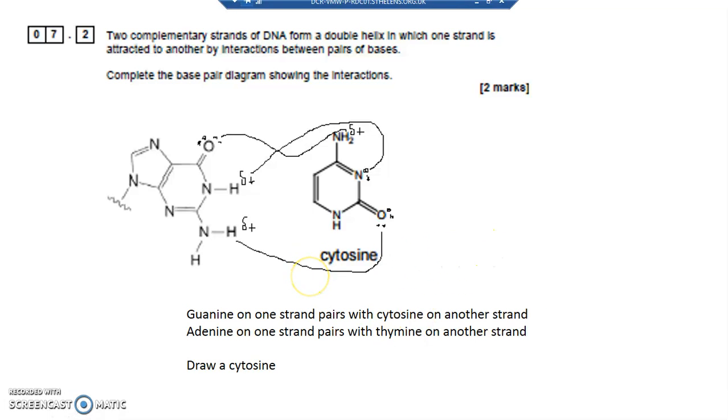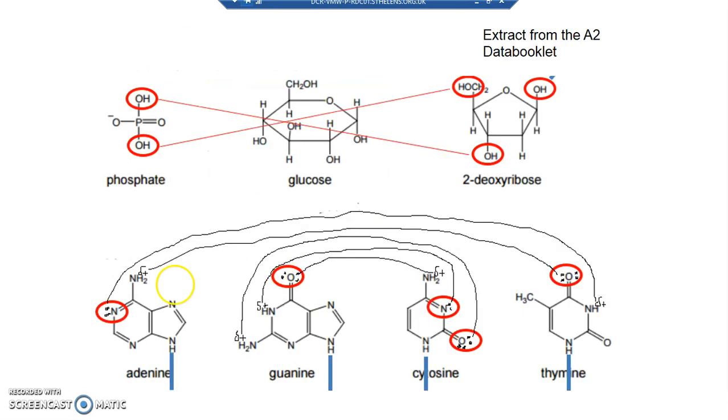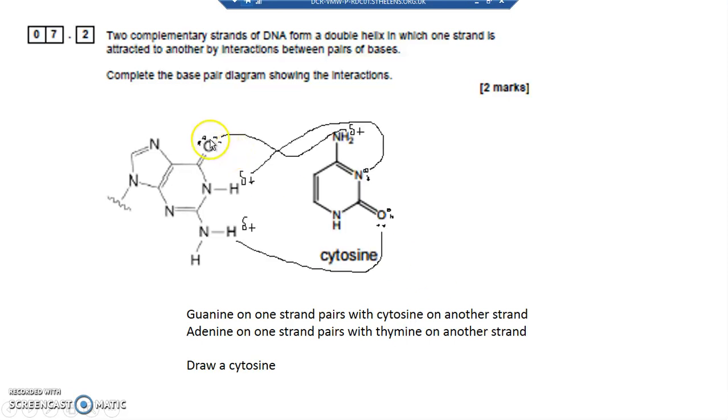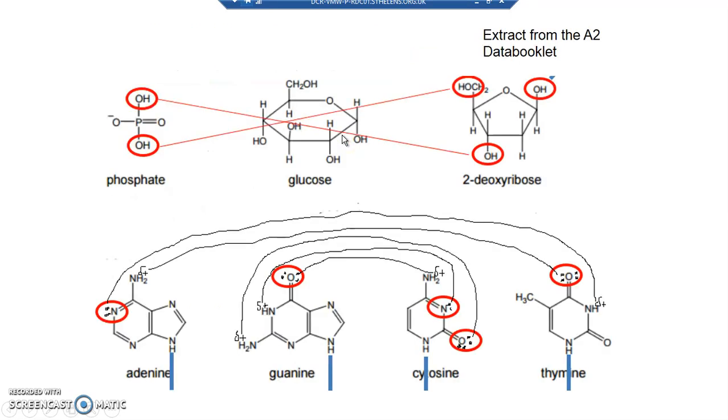And now what I do is I work out what's going to bond to what between guanine and cytosine. Well, on the guanine, the O with the lone pairs of electrons is going to link to an NH2 on the cytosine. What else?